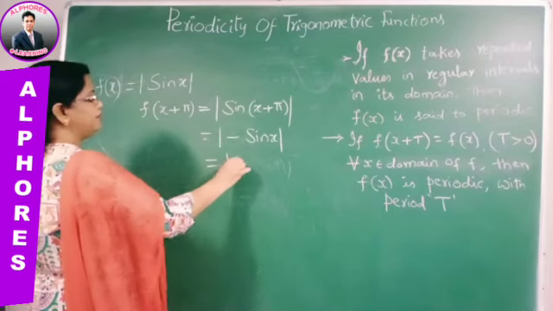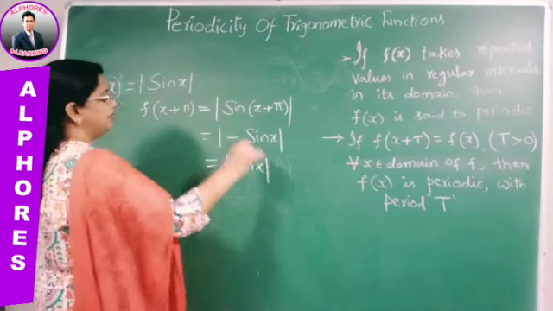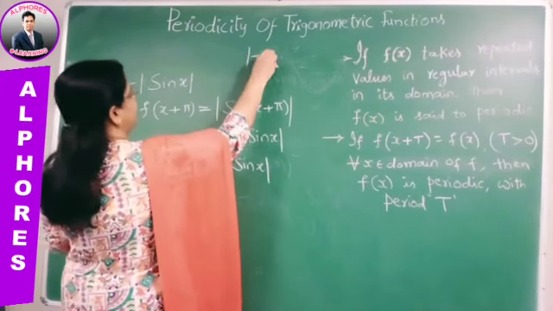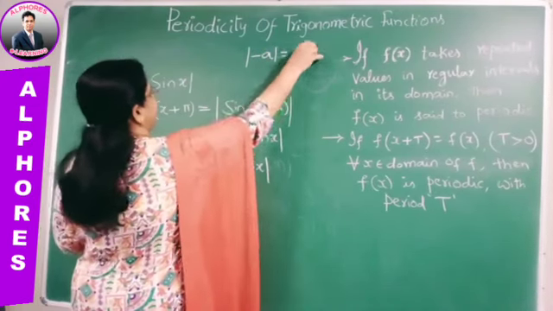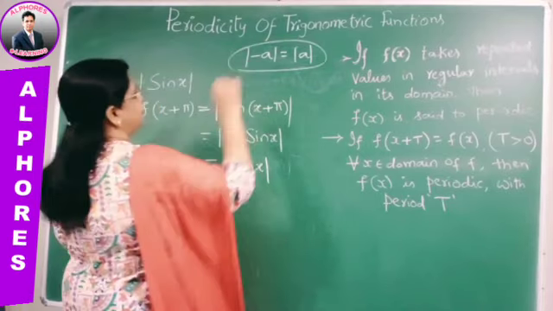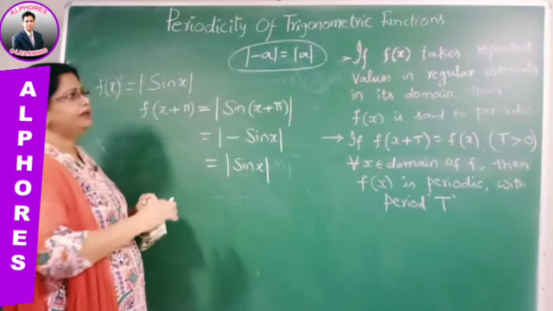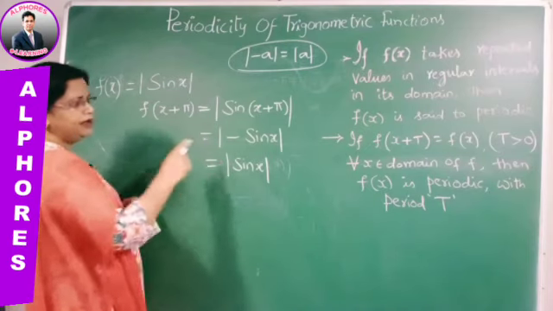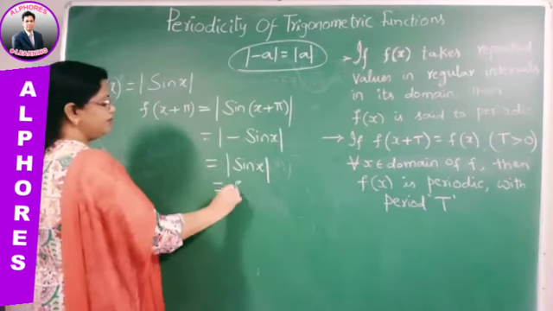That's why you have to take this value as the same, that is mod sin x. So whenever in any problem you get mod of minus a, you should write it as mod a. Unless you know the value of a, you have to write it as whether plus a or minus a. So we can write it in this way, and this is nothing but what actually?